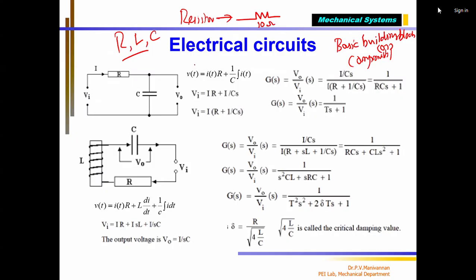Next one is the inductor. It will be shown like this, like a coil, correct? The inductance value is given in henrys. This is a person's name, so to honor him, they gave henrys. The ohm, correct? Also the scientist who invented Ohm's law, to honor him the unit ohm is used for resistance.